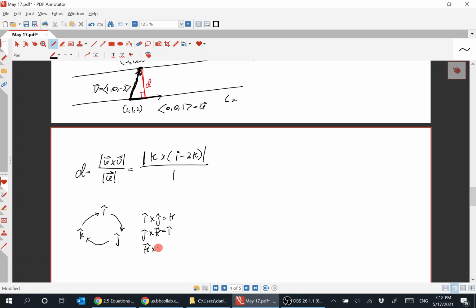And k cross i is j. And then the other way around negates. When you do the cross product the other way around, it negates it. So if you're going clockwise, taking the cross product clockwise, you get i cross j is k. If you're going the other way, k cross j is minus i. All right, so this is minus k cross j minus i cross k.